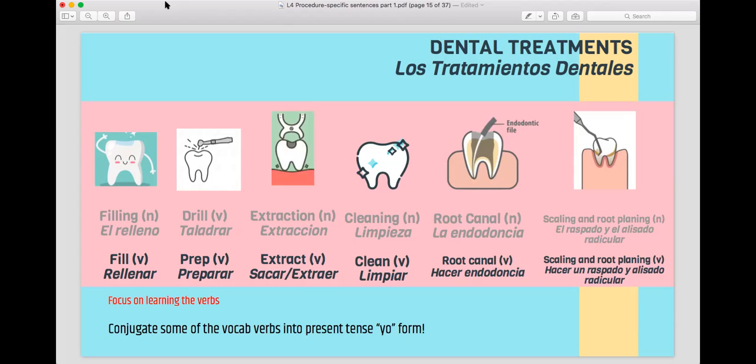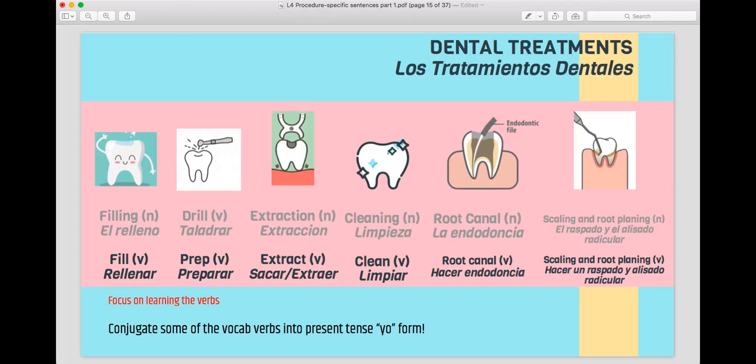Yeah, it's hard, yes. So we can pick the first one, rellenar, to fill. So it's an AR verb, if anyone wants to take it, give it a try?